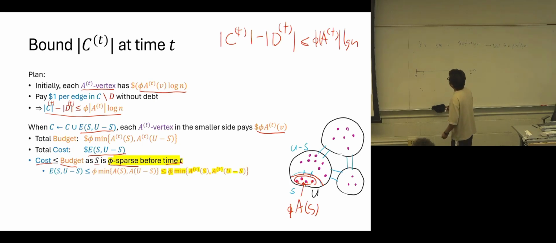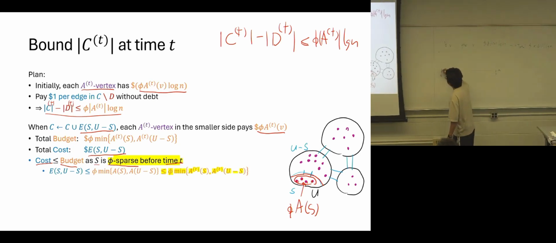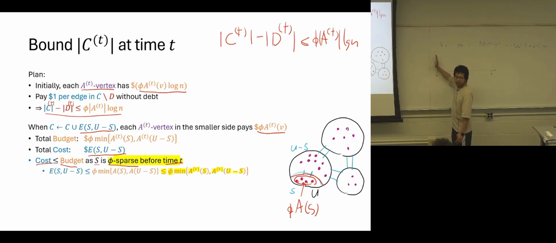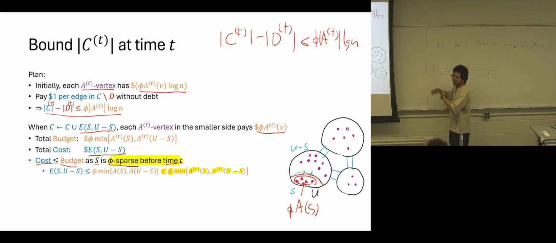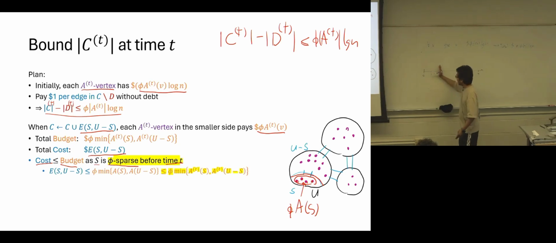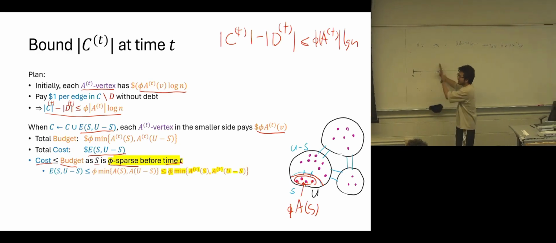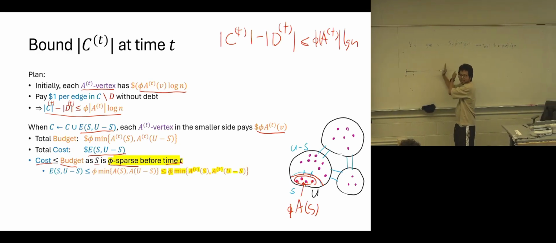At time 0, before any updates, I might find a bunch of sparse cuts here. After the next update, when I delete some more edges or I increase A, there are new sparse cuts. And after this update, there are newer and newer sparse cuts.